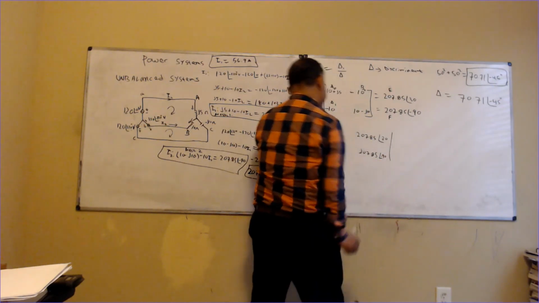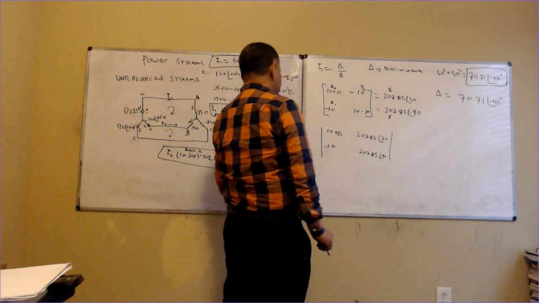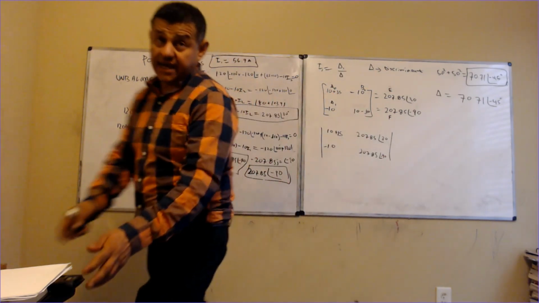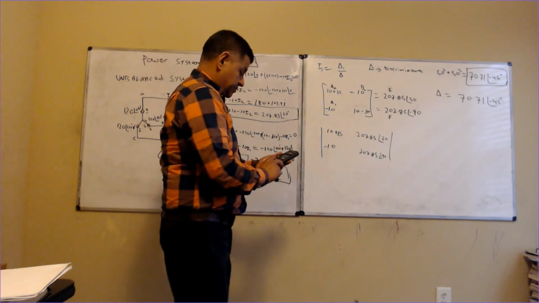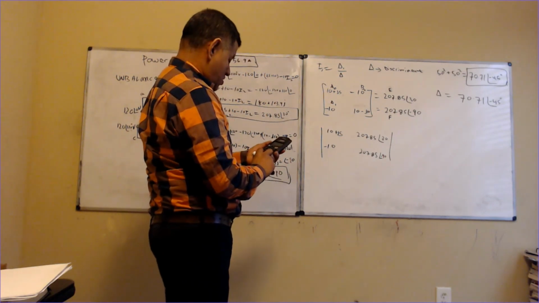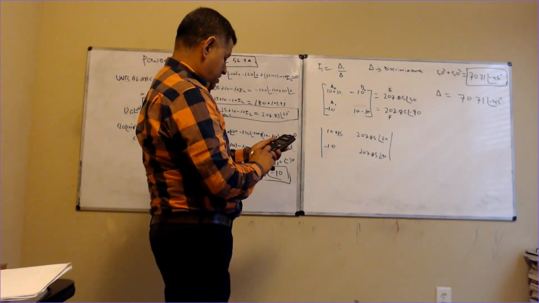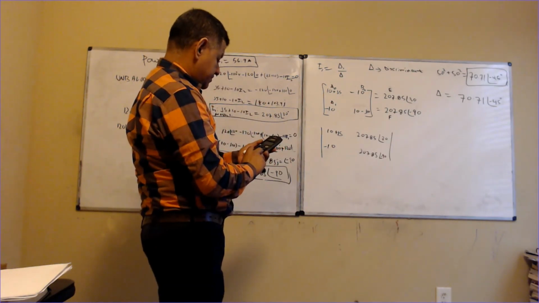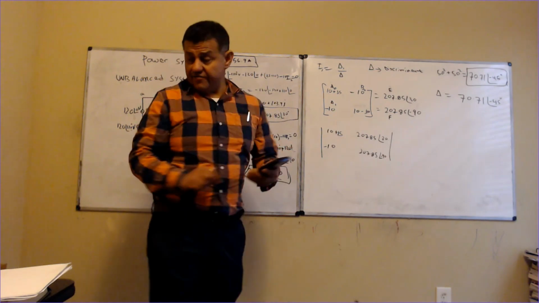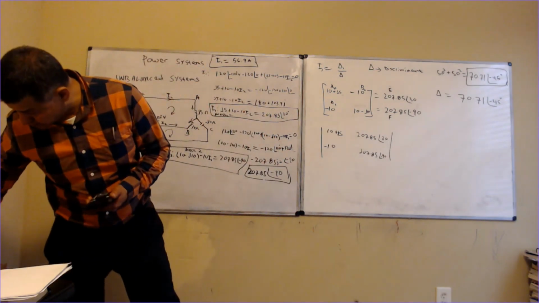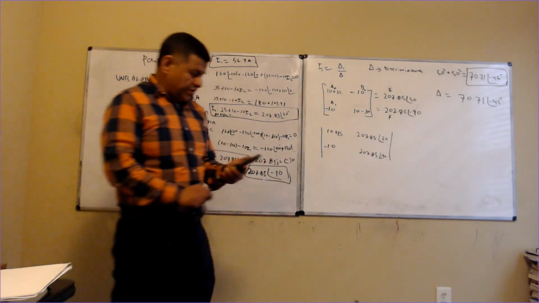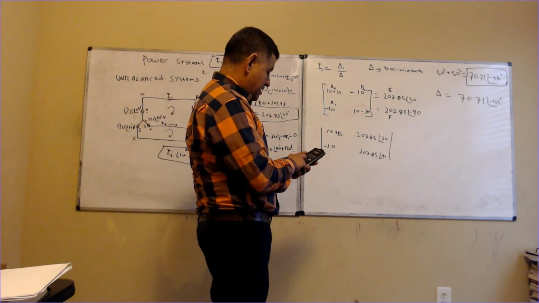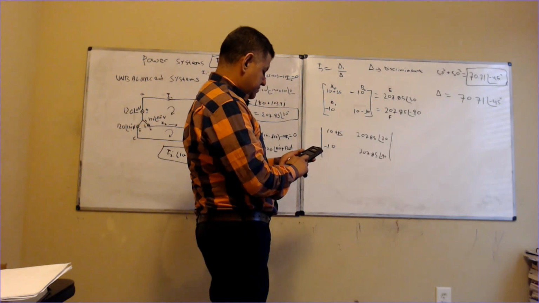When we do this math, we get 10 plus 5, plus 5j, right?